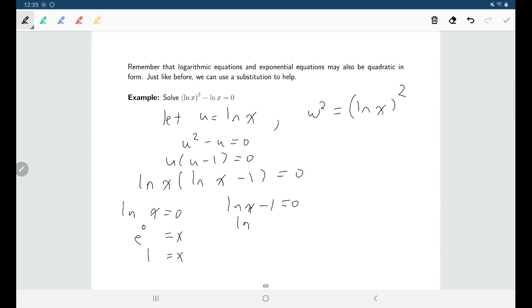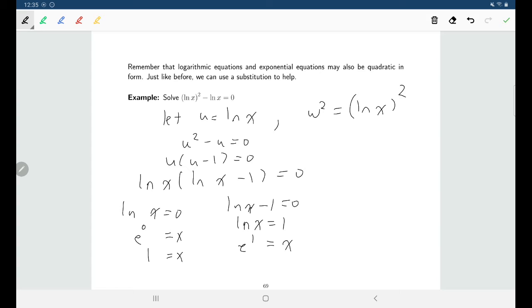If natural log of x minus 1 is 0, or if natural log of x is equal to 1, then that means e to the 1 equals x. Again, rewriting it as an exponential equation. Natural log is log base e, so I rewrote it as e to the power of and switched the inputs and outputs.